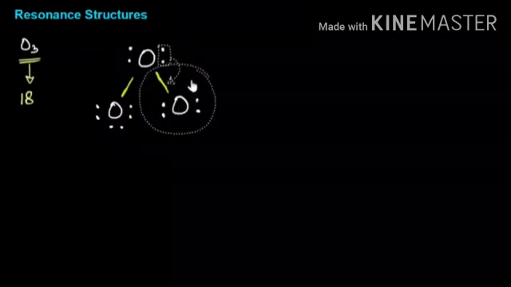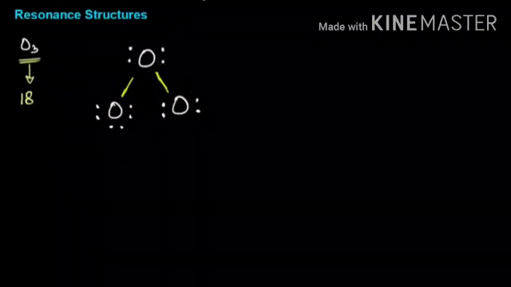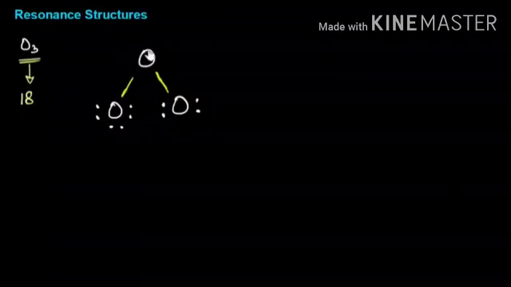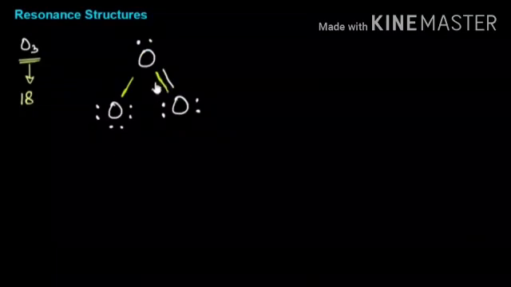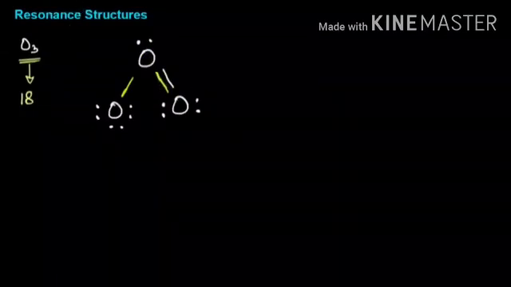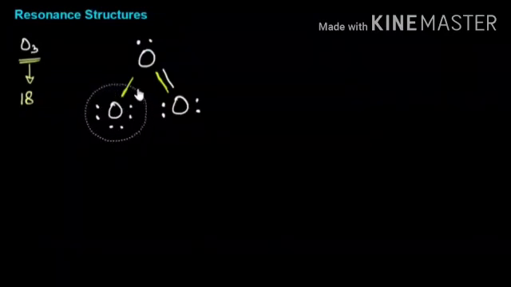For completing its octet, if the central atom shares its 2 electrons in bonding, then there is completion of the octet of the surrounding oxygen atom.